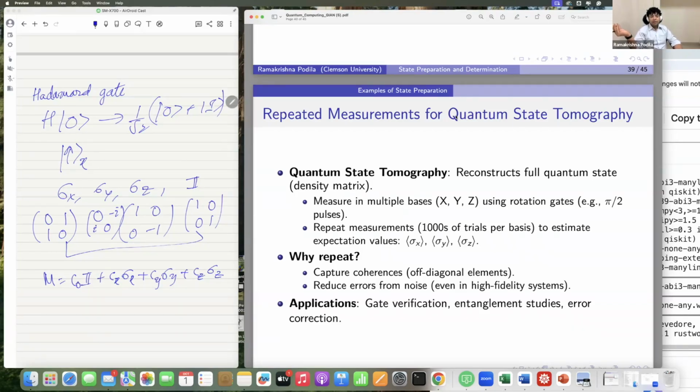For a two-state system, the density matrix would be a 2 by 2 matrix, so even the density matrix I should be able to express like this, right?